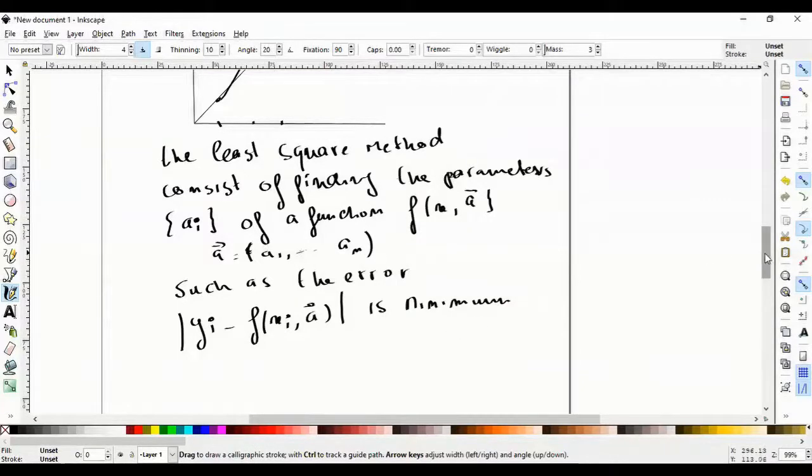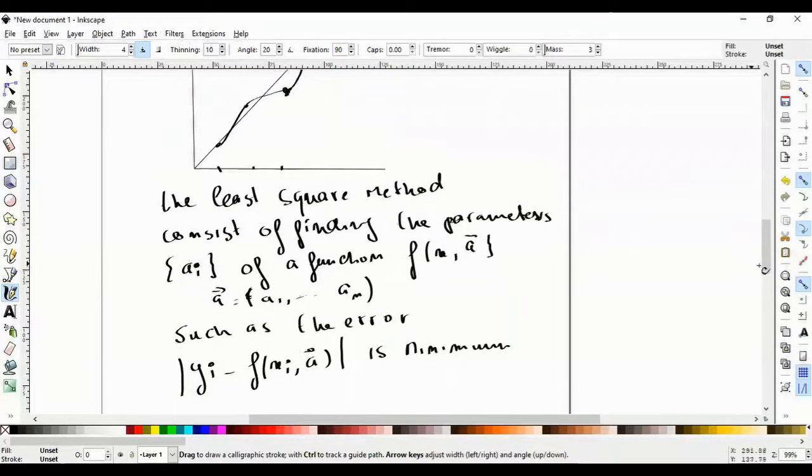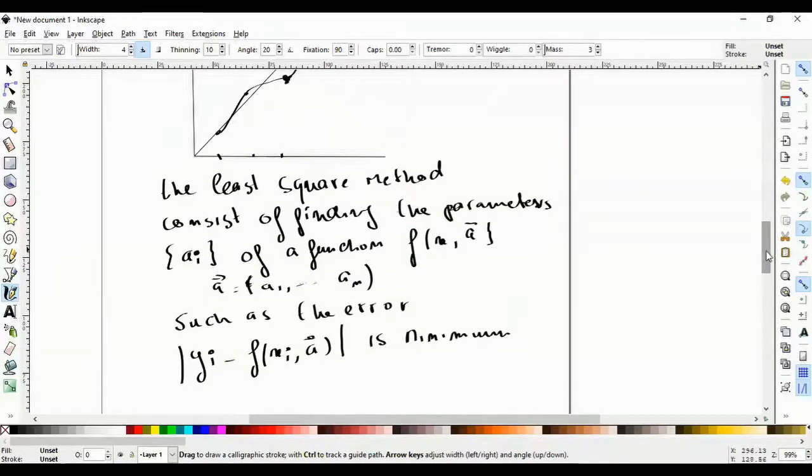We want to find a function that depends on a set of parameters aj. The index i I will use for the points xi.